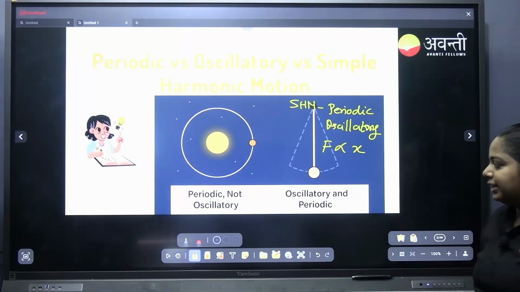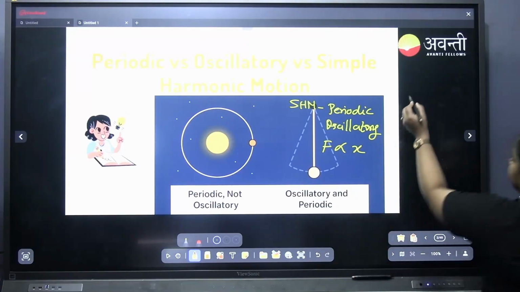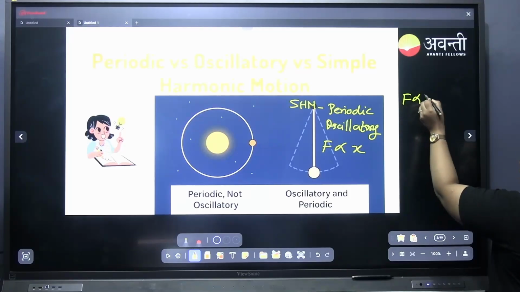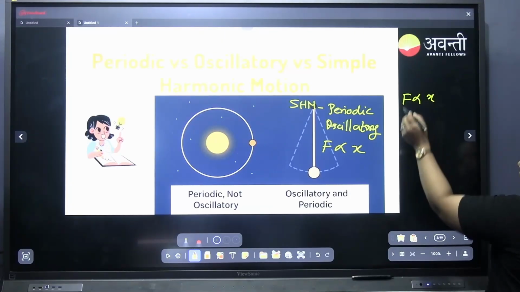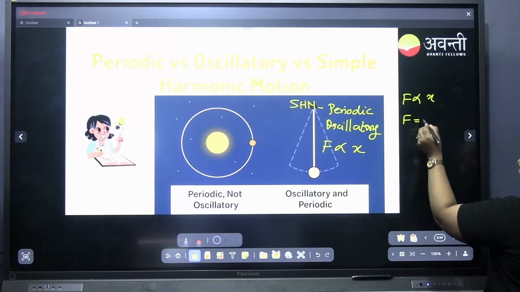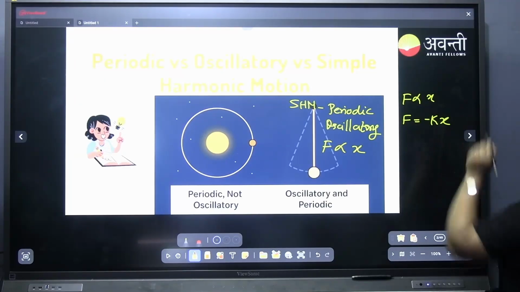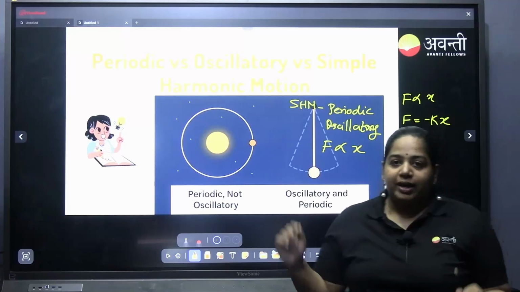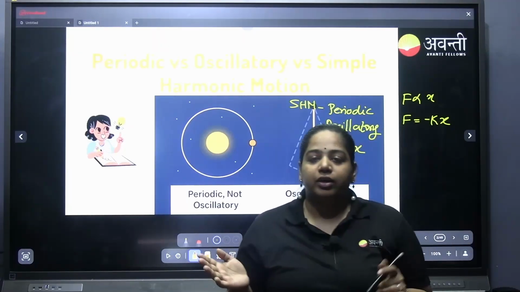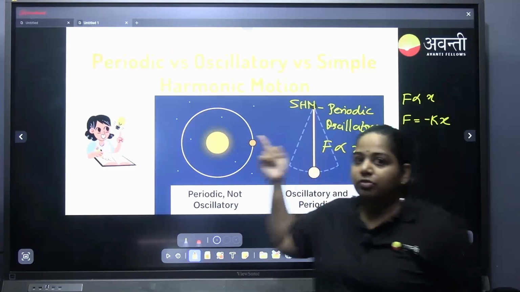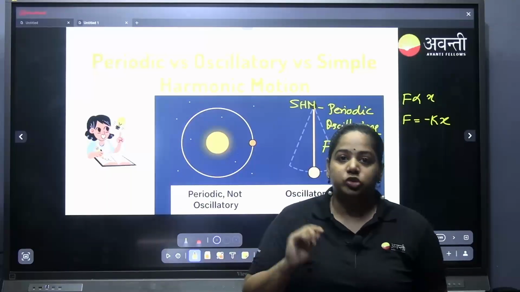This we have already seen, and we have written F proportional to x, and removing the proportionality we will get F equal to minus kx. Why minus sign? Because the first one is external force, the second one is restoring force.